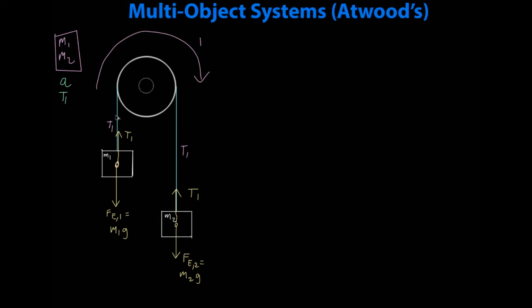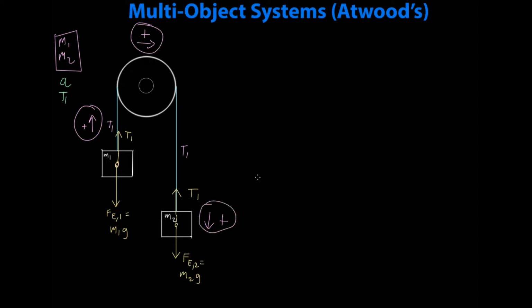Now, that means that up is positive for mass 1, goes around here, and down is positive for mass 2. Once you make this decision, you cannot change it. And the fact that positive is a different direction for each of these is quite important.